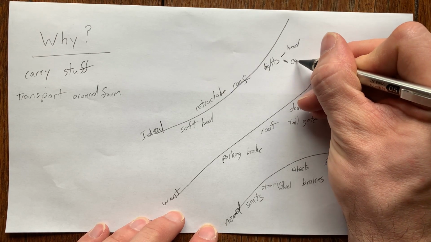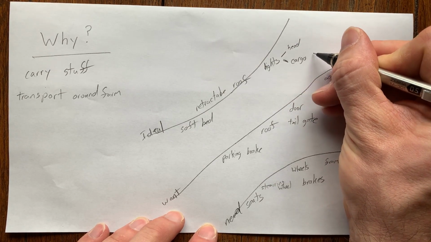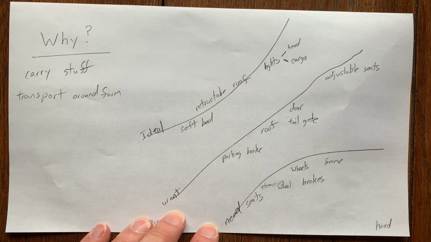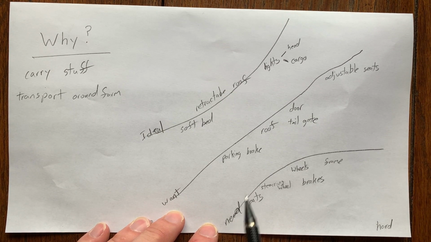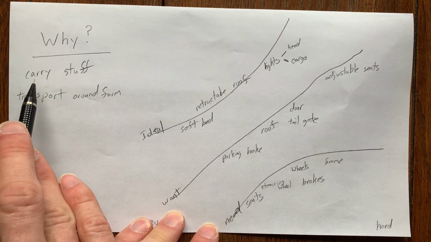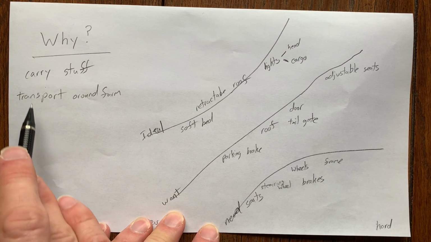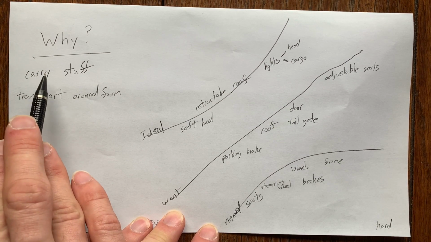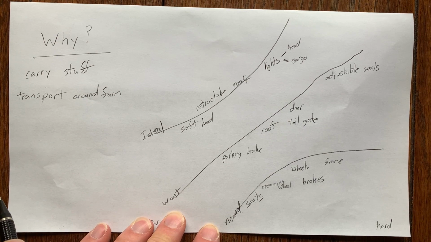In. All right, so let's call them cargo lights, so you can see the cargo. Do you feel that the need, want, and ideal answer why we're making this, in order to carry stuff and then to transport stuff around the farm?